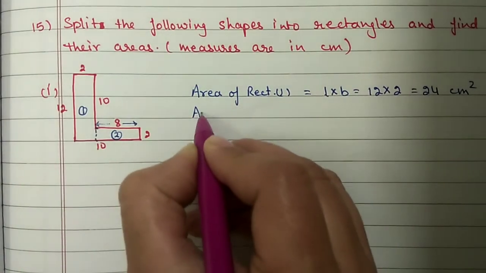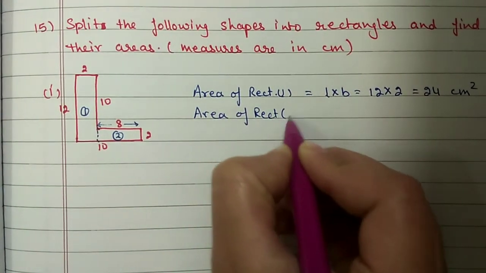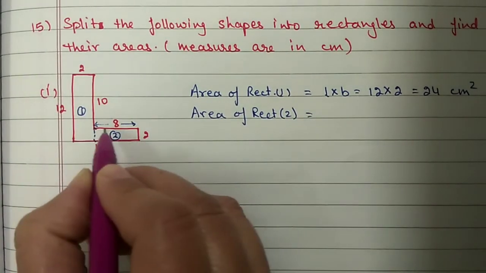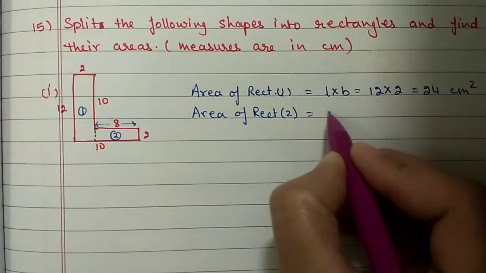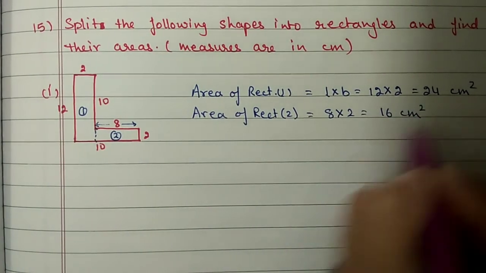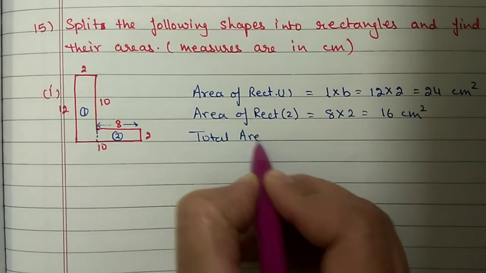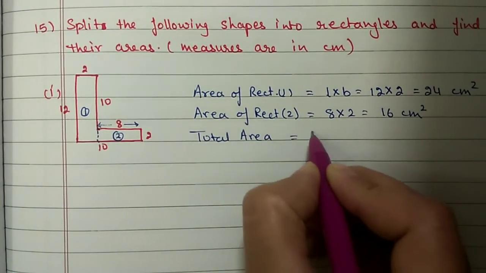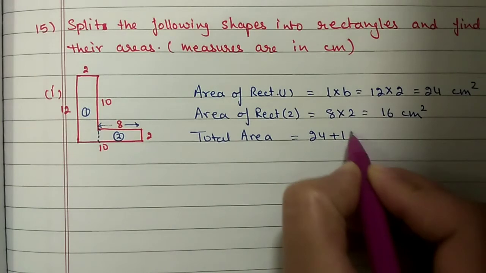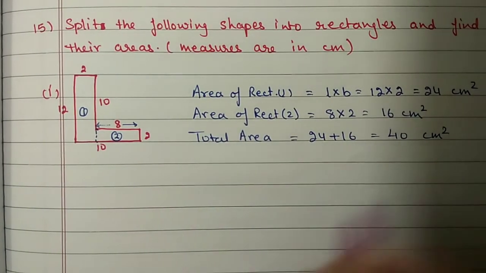And area of second rectangle is also length into breadth, length is 8 and 8 into 2, 16 centimeter square. So total area will be the sum of these two, 24 plus 16. We will get 40 centimeter square.